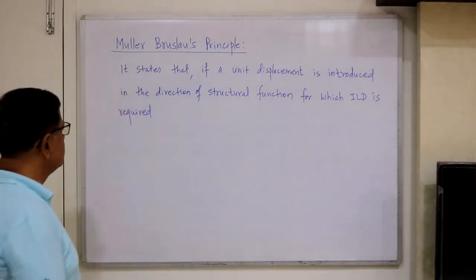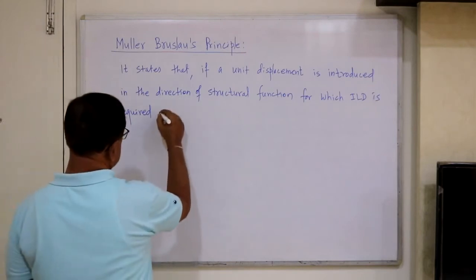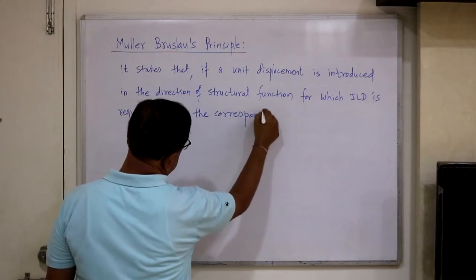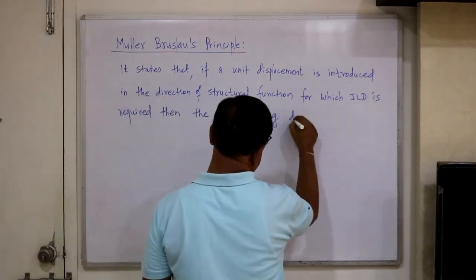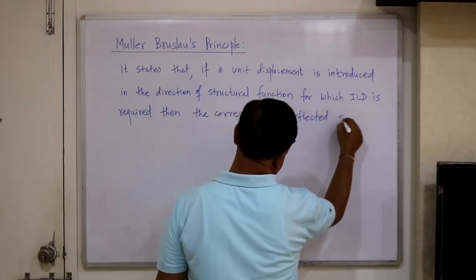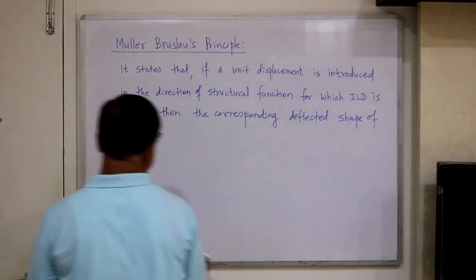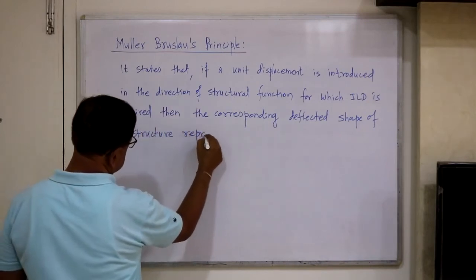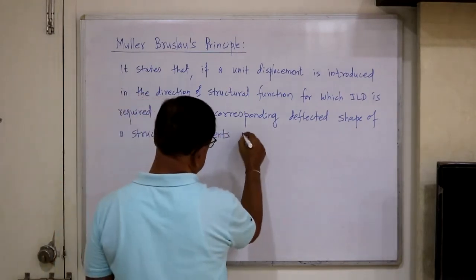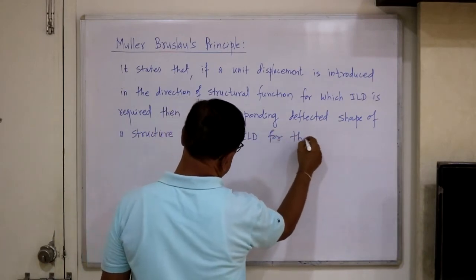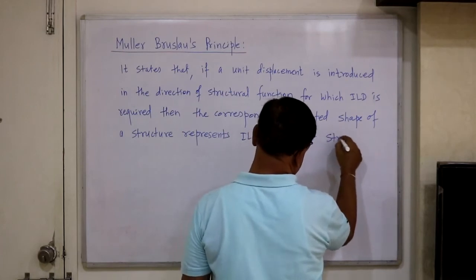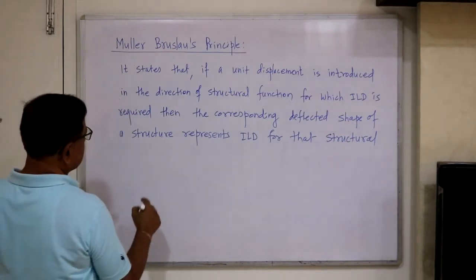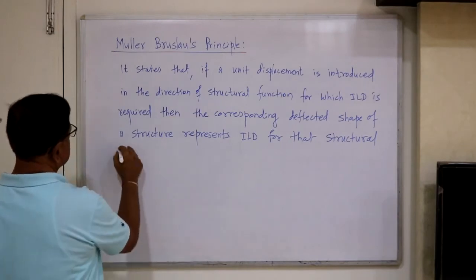We will not write all these things. In a simple way we will write down: then the corresponding deflected shape of a structure represents the ILD for that structural function or structural quantity.